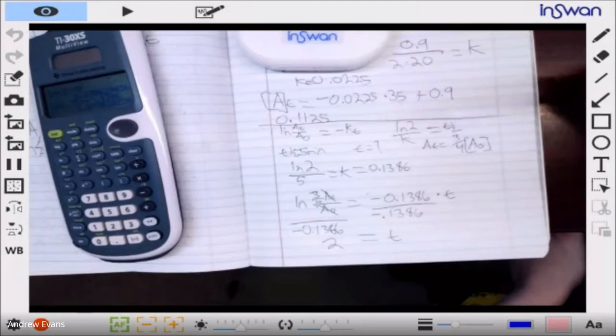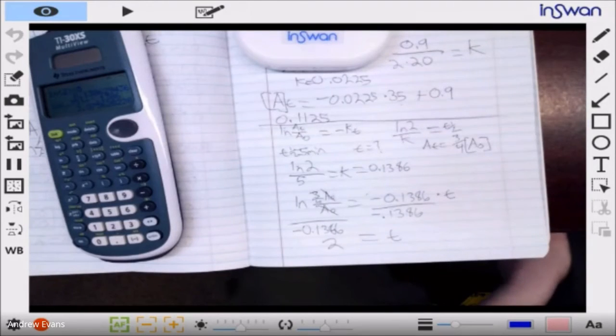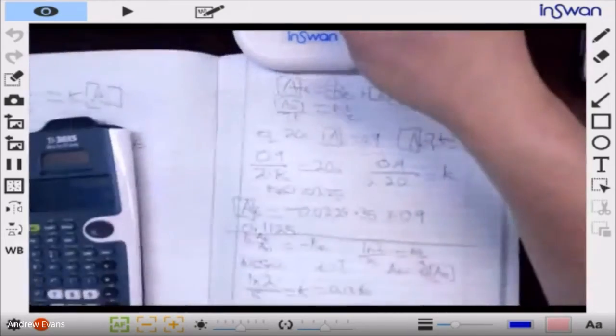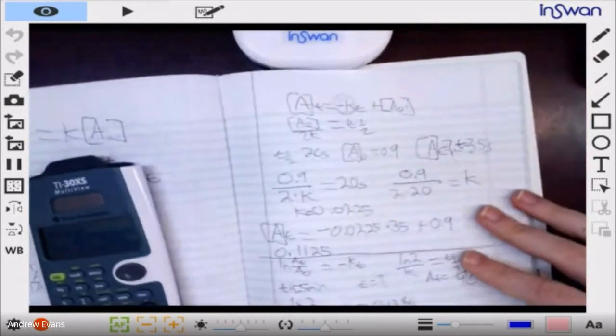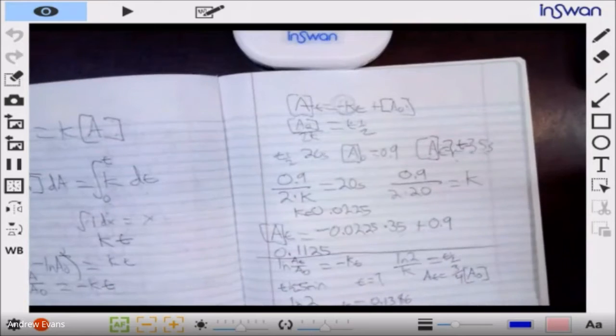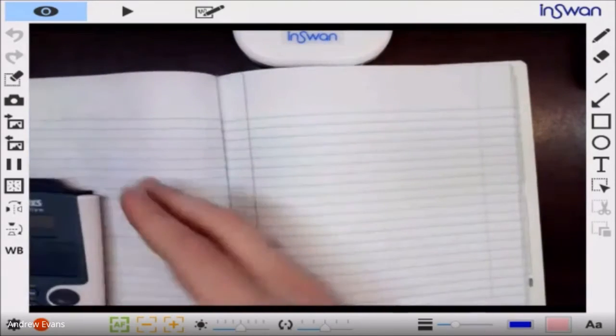So that first quarter was 2 minutes. The second quarter is 3 minutes, meaning essentially the reaction rate is slowing down as we go.